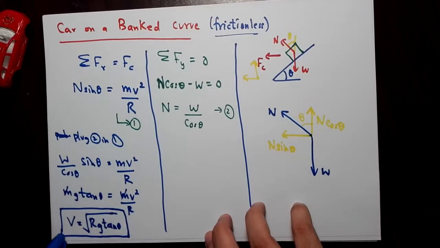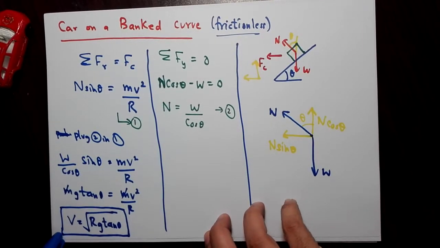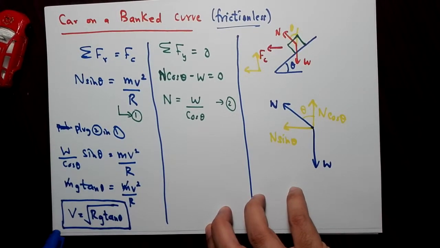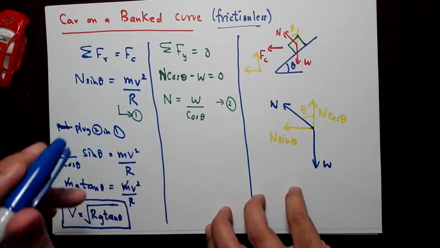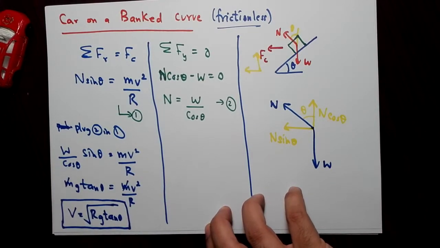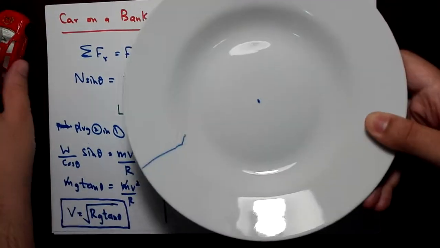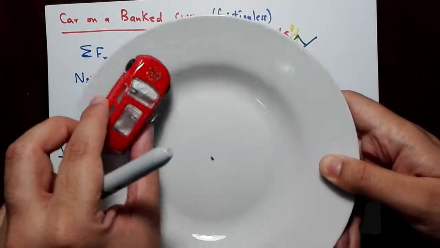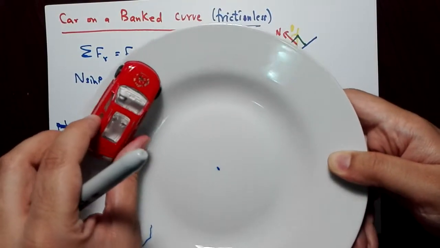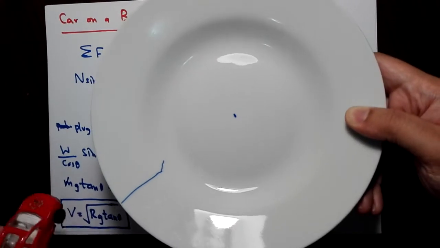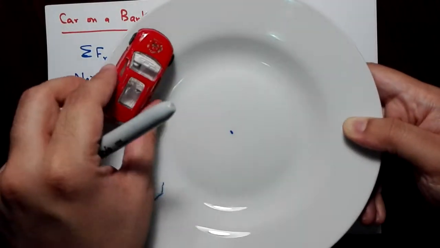So this equation can be used as a very good approximation for those roads when they're very icy, so that you don't have friction. Even when you don't have any friction, you can still go around that curved path. The surface of this plate is also very slippery, so this equation can be valid for this plate also.